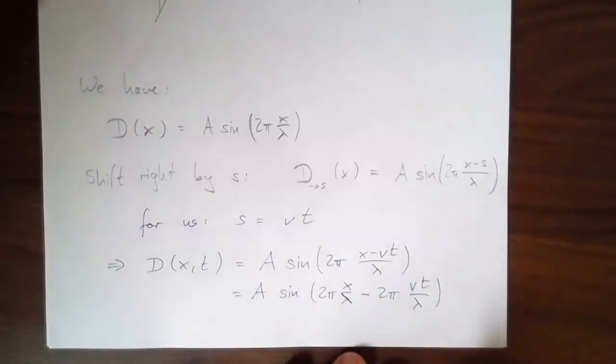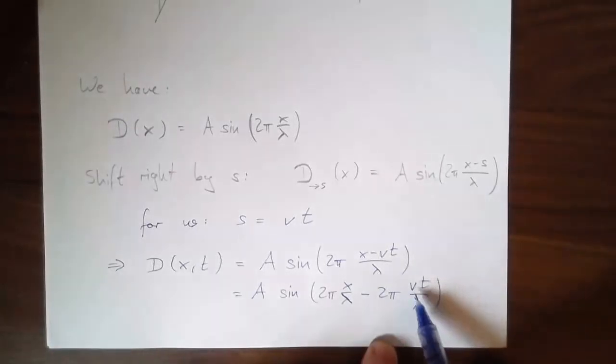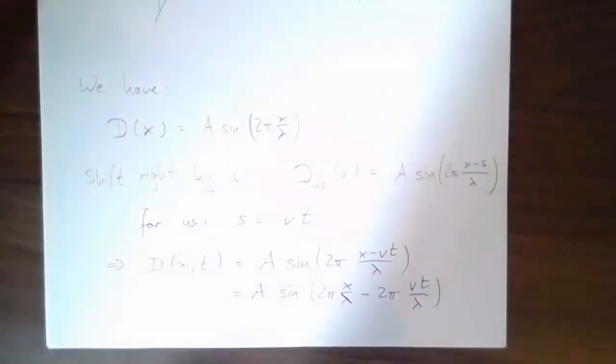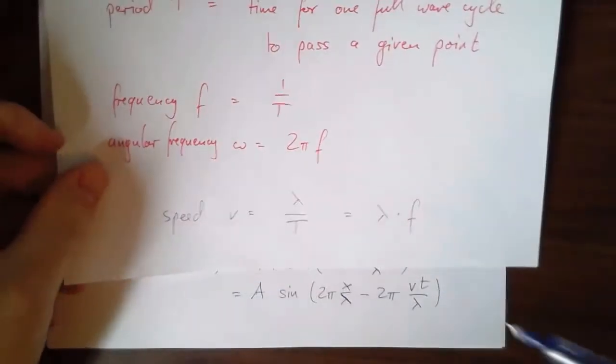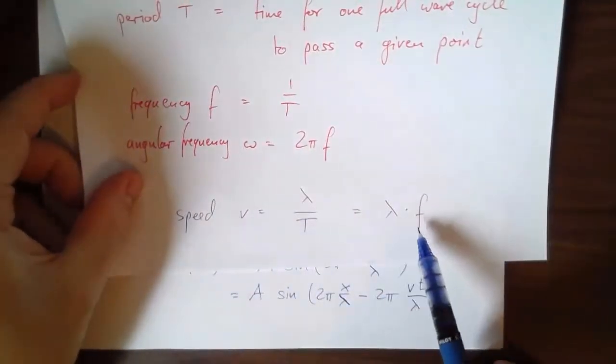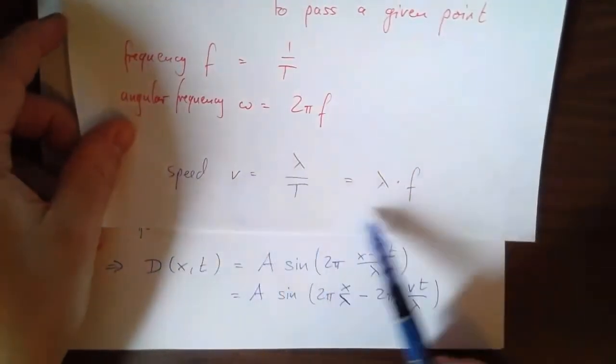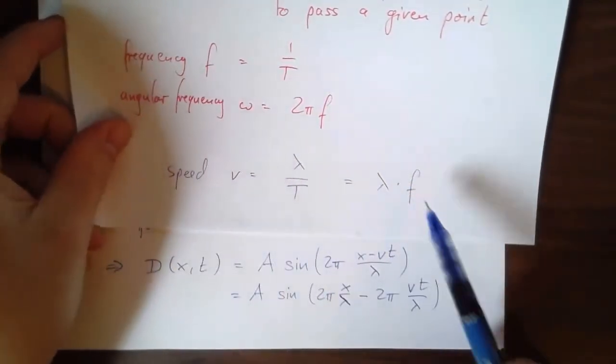Okay, we can simplify this further because v over lambda, what is that? That is, of course, the frequency, right? We had this right down here. The speed is lambda times f. Well, what I have here is v over lambda, so I can write this as f.